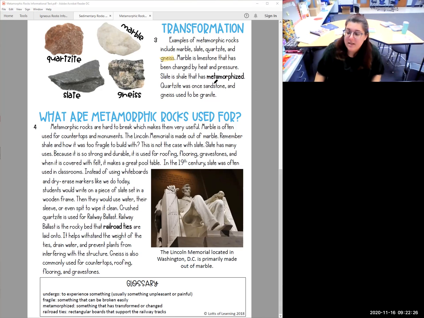Quartzite was once sandstone, and gneiss used to be granite. So all of these stones or rocks that we have read about already in the igneous and sedimentary rocks passages, when they get heat and pressure applied to them, they turn into these other rocks.